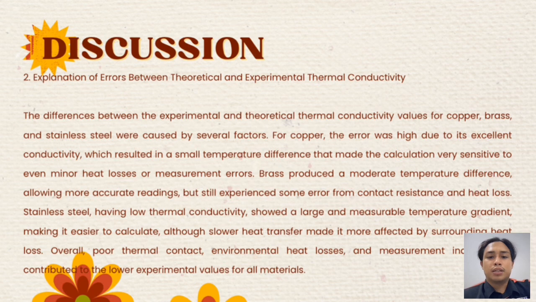For example, the theoretical conductivity of copper is 385 W/mK, but our experimental value was lower. The difference is due to several sources of error, such as heat loss to surroundings, imperfect contact between bar sections, and measurement inaccuracy.